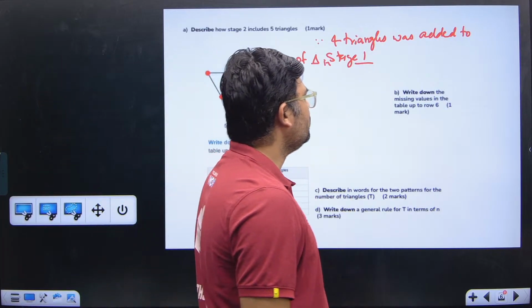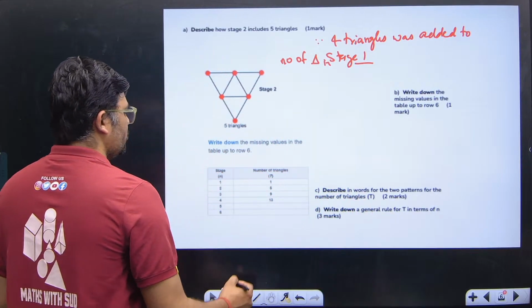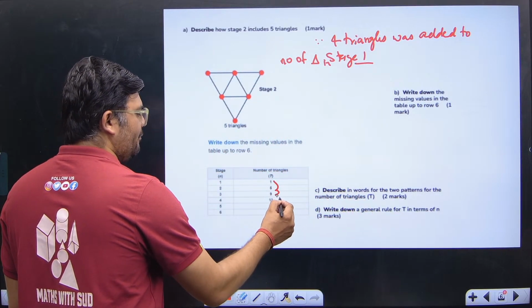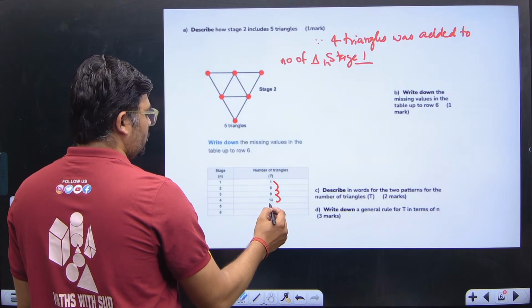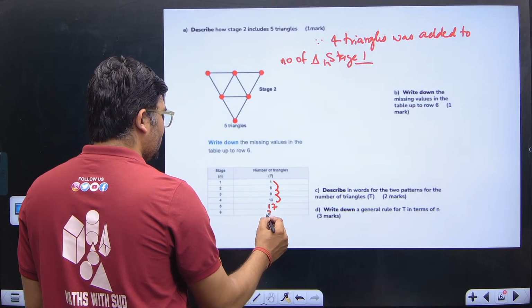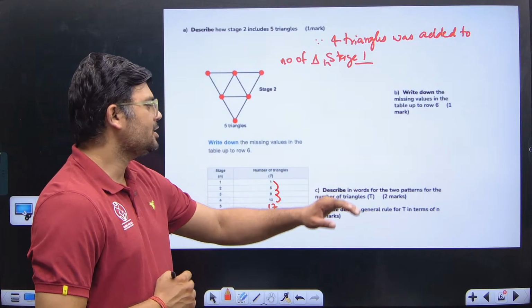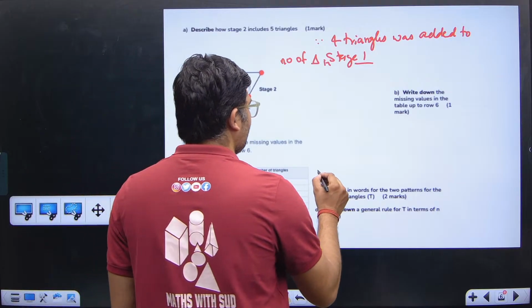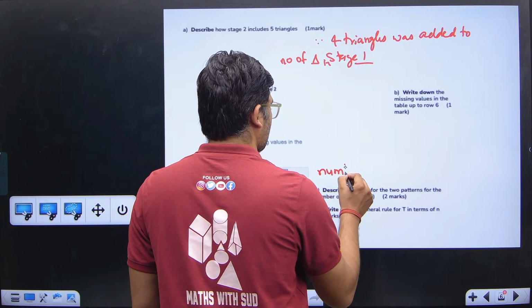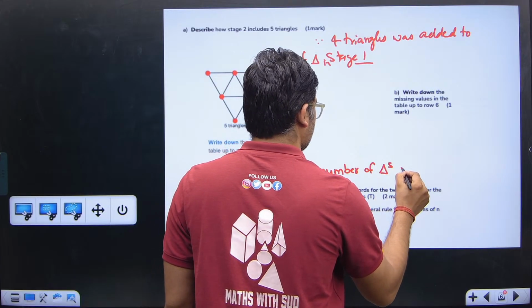Now they are asking you to write down the missing values in the table from row 1 to 6. So you can see they are adding 4. So 13 plus 4 is 17, 17 plus 4 is 21. Understood? Yes, sir. Now they are asking describing in words the pattern for the number of triangles. So you will say number of triangles is equal to.